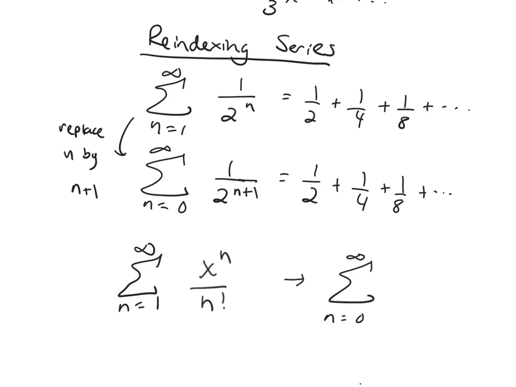Replace n by n plus 1, but you do it everywhere there's an n. So this will be x to the n plus 1, and then n plus 1 factorial. And these two things are going to be the exact same. You can write out terms to see that if you need to.